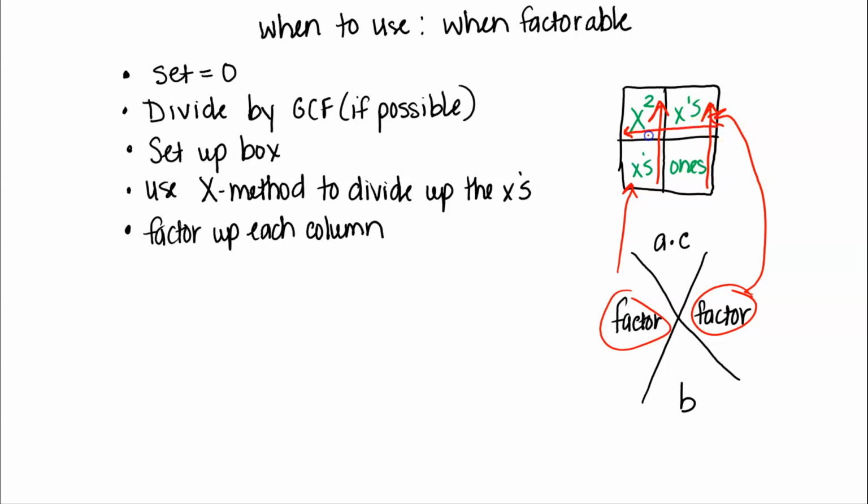And then I'm going to factor across each row. So then we're going to set each factor equal to 0 and solve for x.